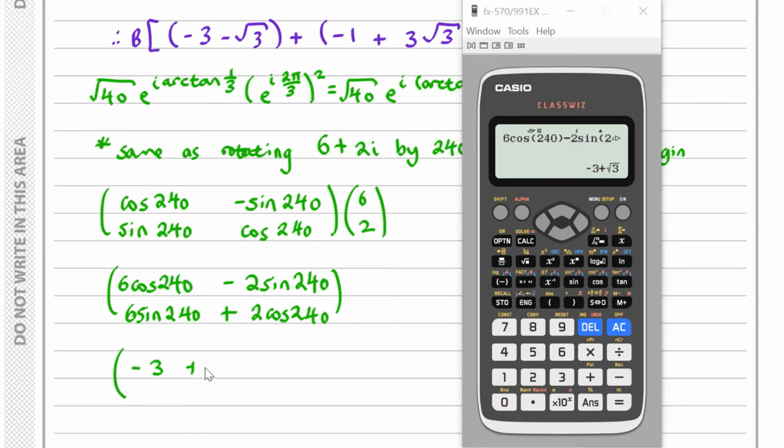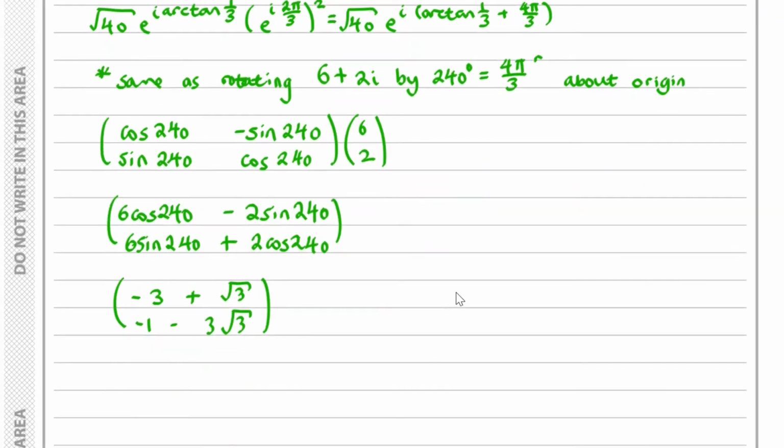And then we have 6 times the sine of 240 plus 2 times the cosine of 240. That would be minus 1 minus 3 root 3. Okay?